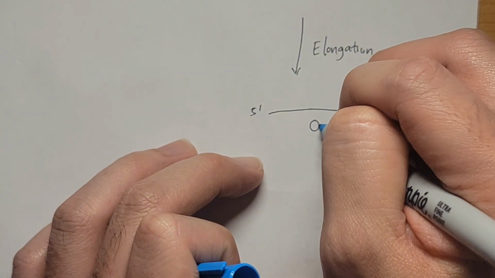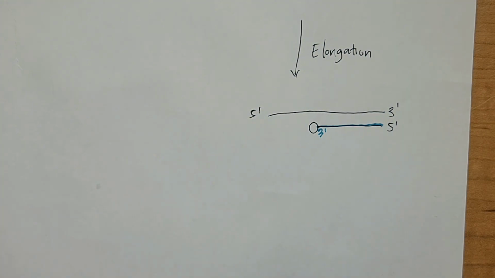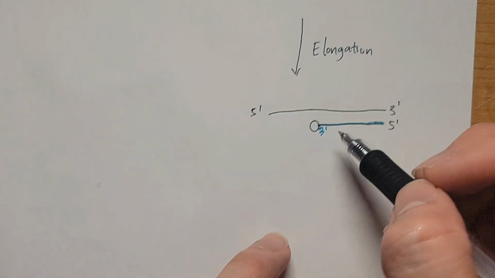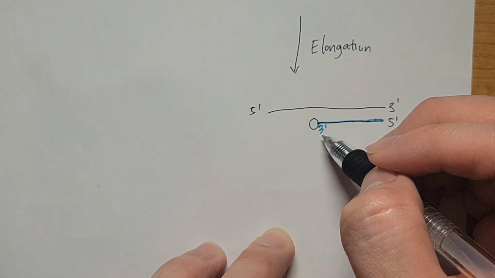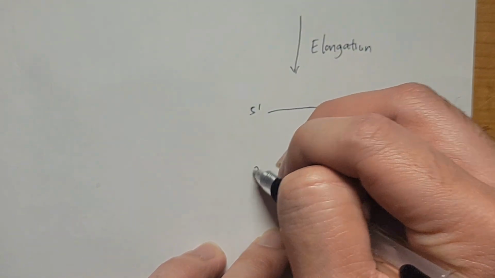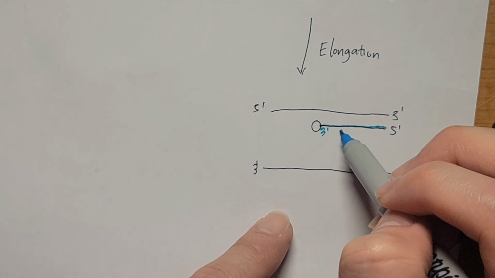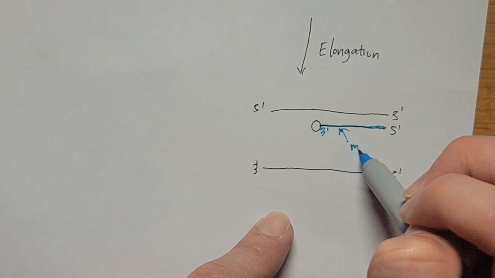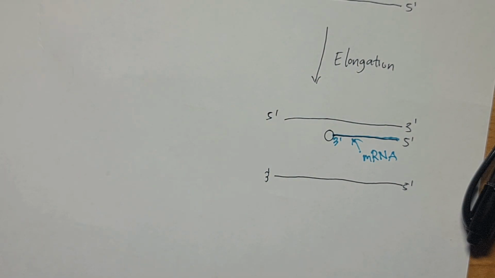Remember, it's kind of the same thing as DNA replication, where elongation goes from 5' to 3'. Same thing here: the RNA polymerase will be adding at the 3' end. This is the mRNA that is being made by the RNA polymerase.